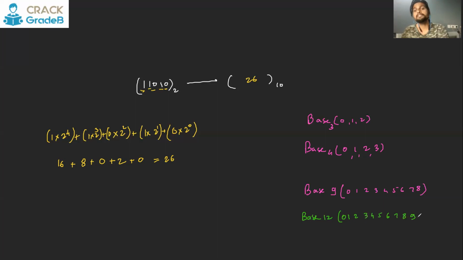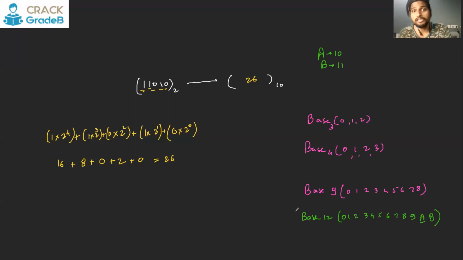We can't write 10, as 10 already consists of 1 and 0. So the next symbol we use is A. And for 11, the last symbol, we use B. So A can be considered as 10 and B can be considered as 11. And so on. So you can form your own system.